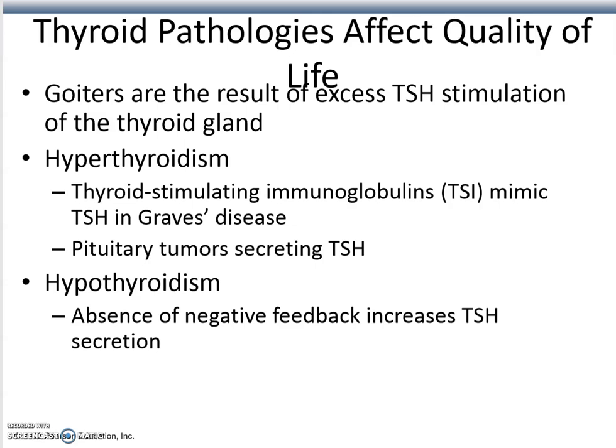Because you have so many of these antibodies, they constantly stimulate the thyroid gland to make more thyroid hormone, just like normally the TSH would do. So what you end up having in Graves' disease is a person with a goiter, because of all this TSH stimulation, or it's a lookalike TSH. And then you have tons of thyroid hormone flooding your system. So you have all the effects of hyperthyroidism, which is an increase in metabolism, higher heart rate, higher metabolism, and so on.